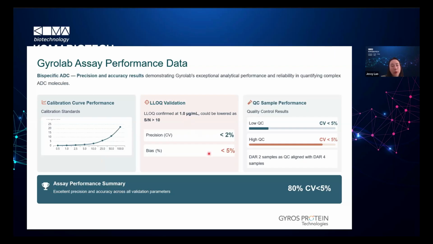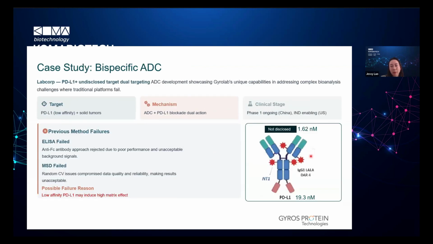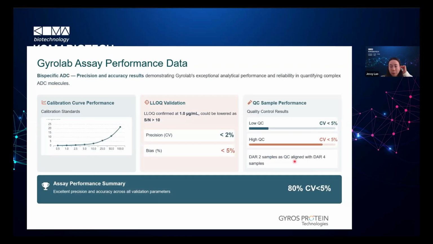They also tested similar QC samples with DAR2, because this molecule has a DAR of 4, and the data are also quite good. So there's no DAR sensitivity issue, and all the CVs are less than 5%, which meets their needs.